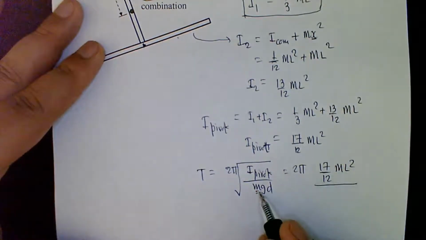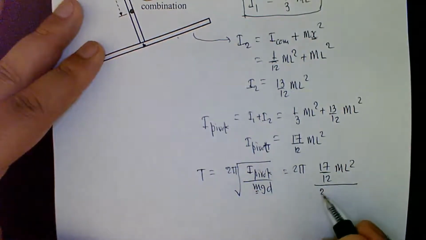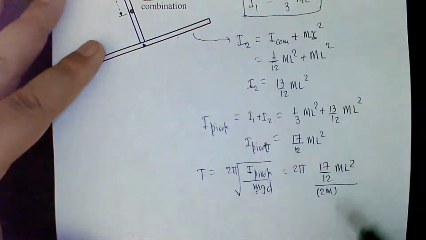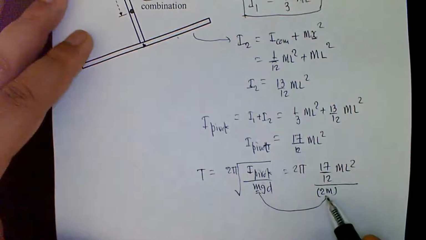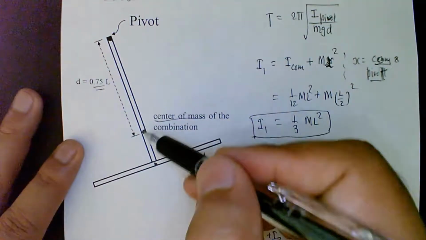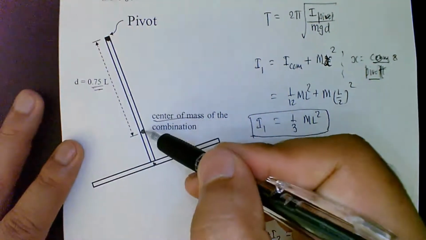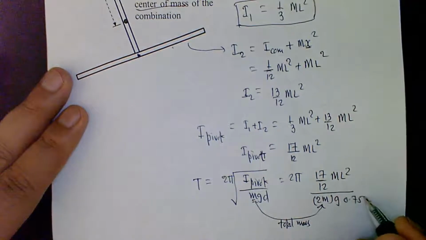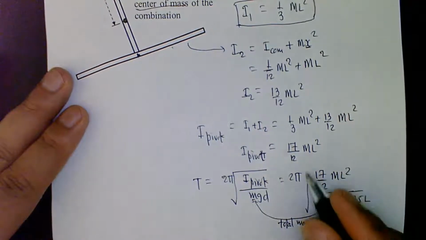This has to be the total mass, so the total mass is twice m. That's where a lot of people get confused, because you have two rods combined, so the total mass is twice m. G is gravity, and d is the distance between the combined center of mass and the pivot point, which is given to you as 0.75 L.